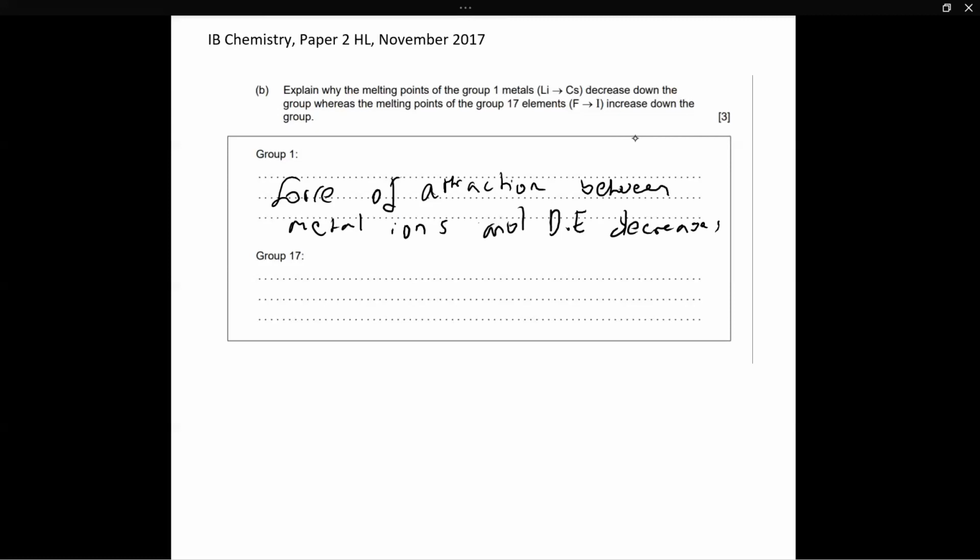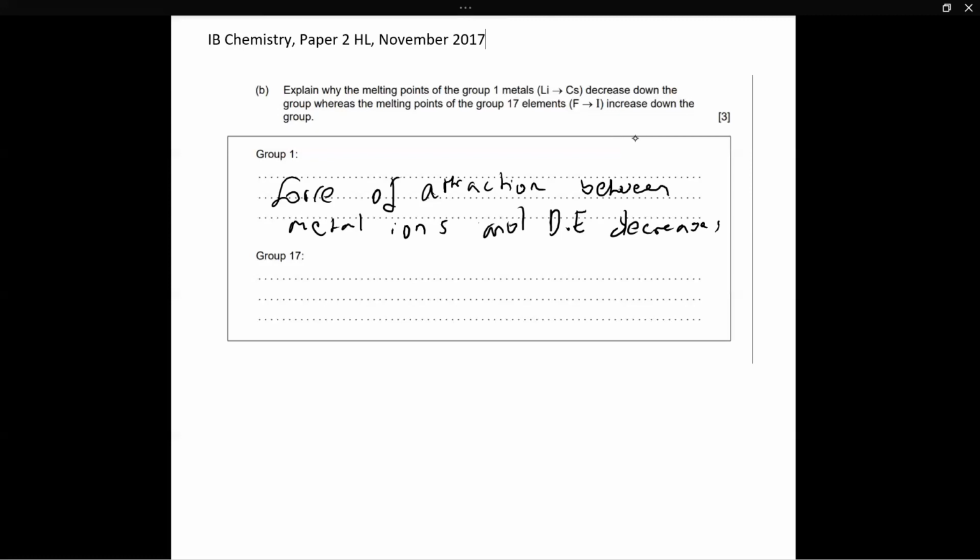Because halogens, like group 17 elements, can't exactly form forces of attraction like metallic elements like lithium or cesium. That doesn't happen, right? There's a difference. So what happens is that forces called London dispersion forces occur between the molecules of halogens.